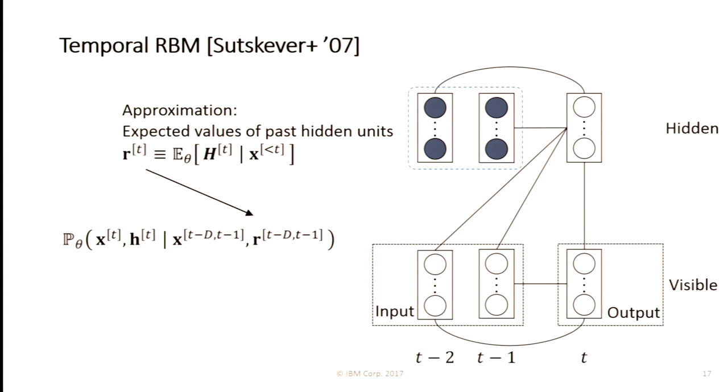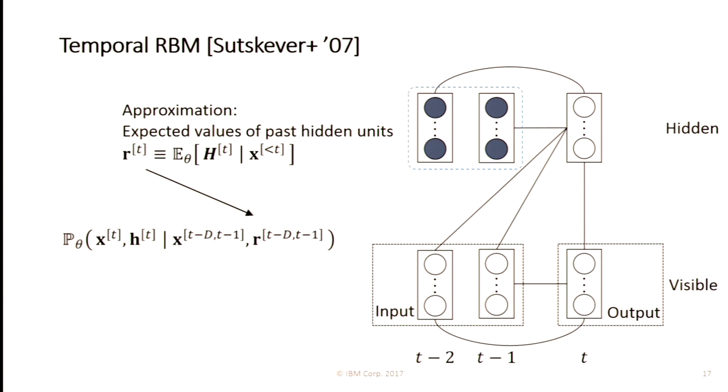But instead of using sampled values, they use these expected values for these past hidden values. So the distribution of the next visible value and hidden values depends on your previously observed visible values, as well as these expected values that have been computed. Again, it is a kind of approximation.